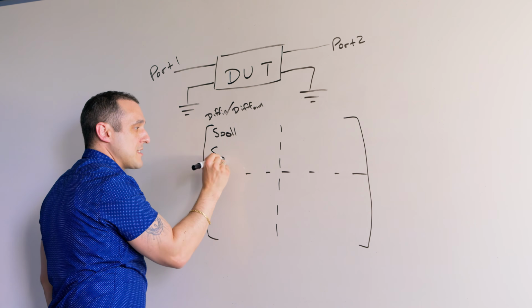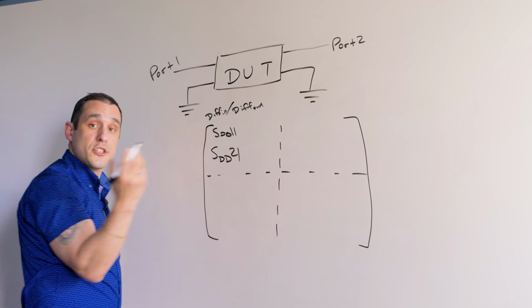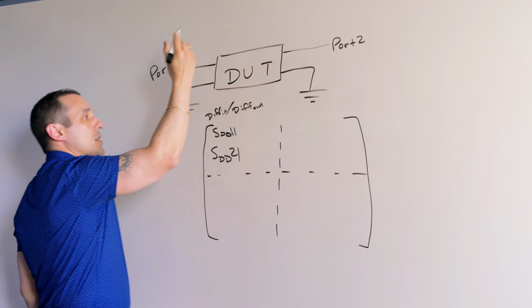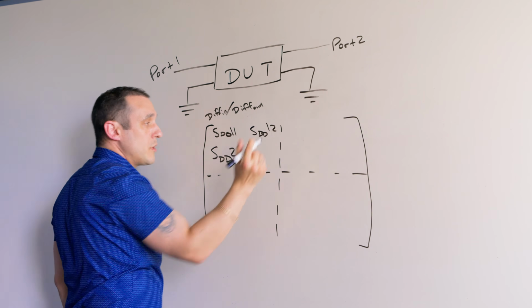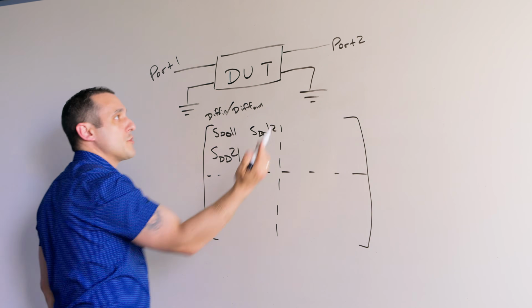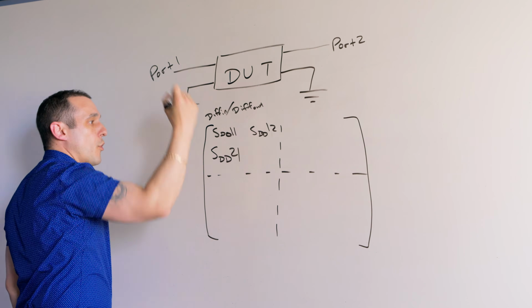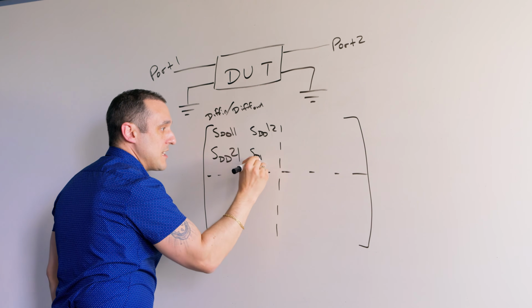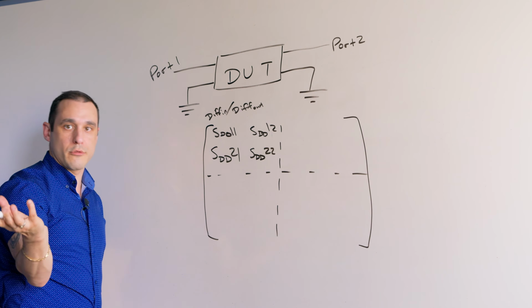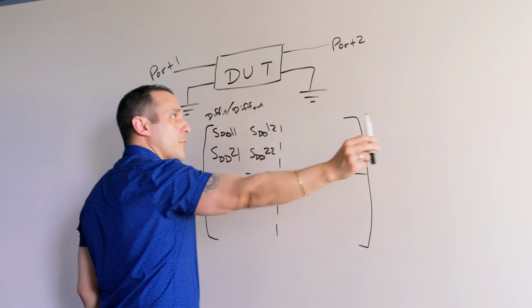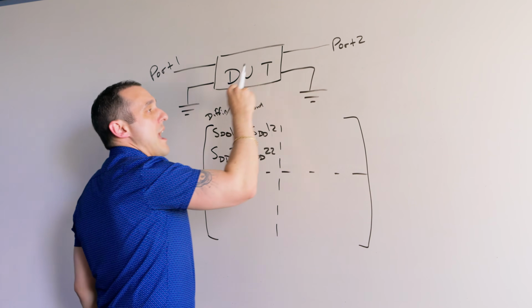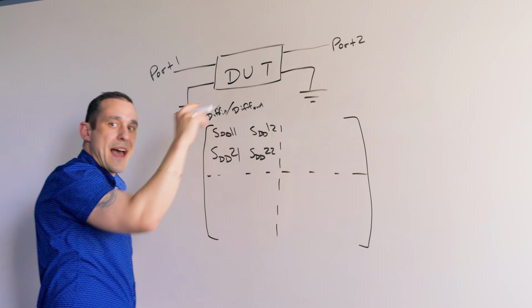Then we also have SDD21, which is basically an insertion loss going from port 1 to 2. Then we have SDD12, which is also insertion loss, but traveling from port 2 to port 1. And then we have SDD22, also a return loss term, but it applies at port 2. I put in some differential signal at port 2, and differential signal reflects back out at port 2.